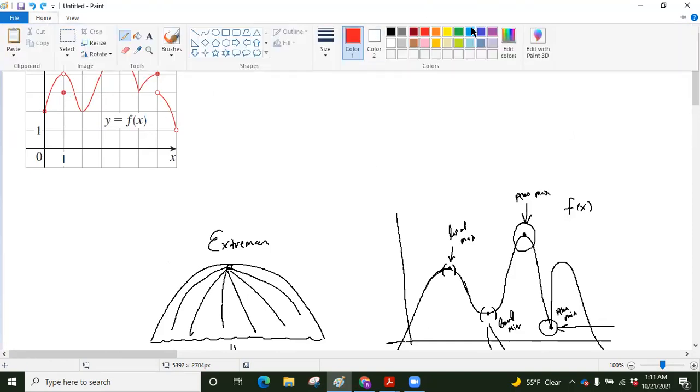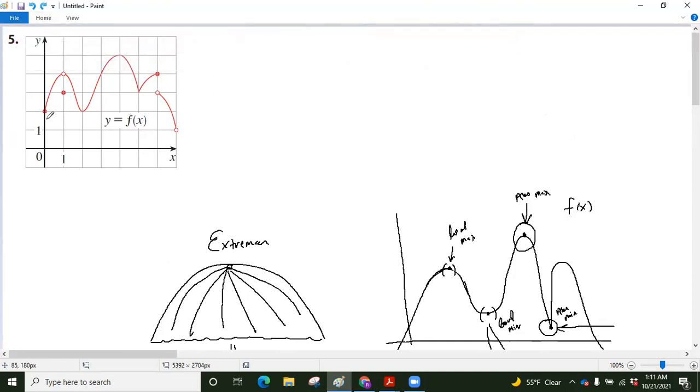The first thing to notice is that if we look at f of 0, if we plug this value in, we would get here. Now, this point could be said to be a local minimum.